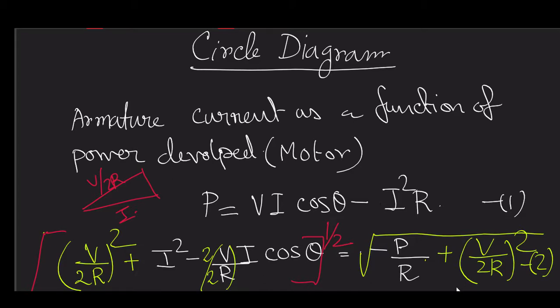Now if we impose the condition on P that P remains constant, then what we will get? Do note that as we are considering the machine, V is constant, and in addition we are claiming P is also constant. Therefore the right hand side will become a constant term.